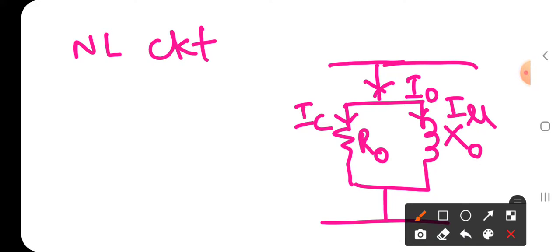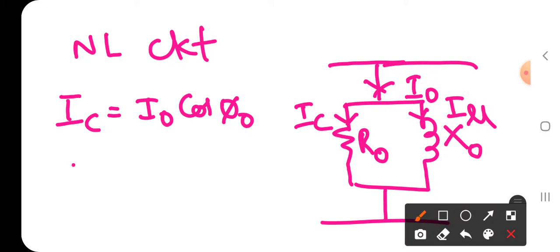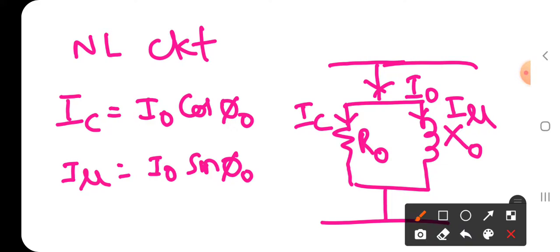So how can I find these two? The mathematical expressions are there. IC is equal to I naught cos φ naught and Iμ is equal to I naught sin φ naught. Hence I naught is equal to the square root of IC square plus Iμ square.